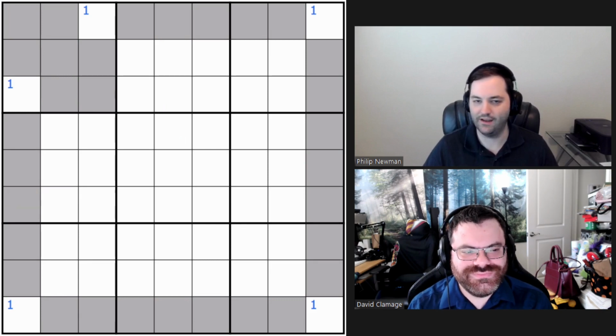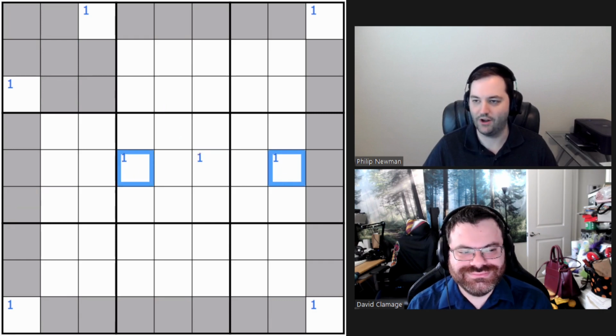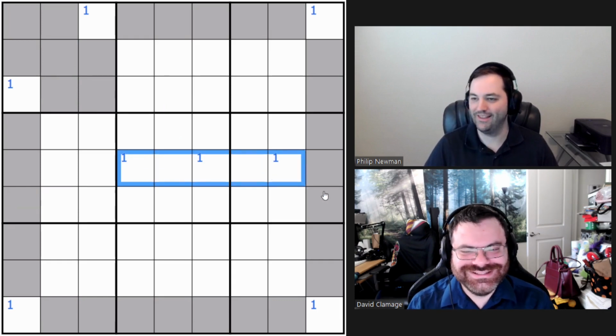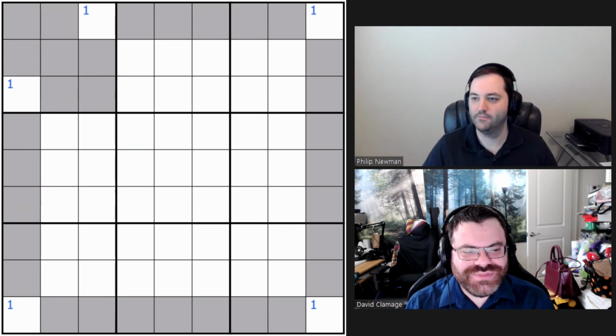Yeah. And in that case, if you had something like this where one had to be in one of these 2, and one had to be in one of these 2, and one had to be in one of these 2, well, that's just obviously not going to work. Yeah. But I guess technically that is an oddagon, even though these aren't even strong links. Yeah. So 5 is our minimum.